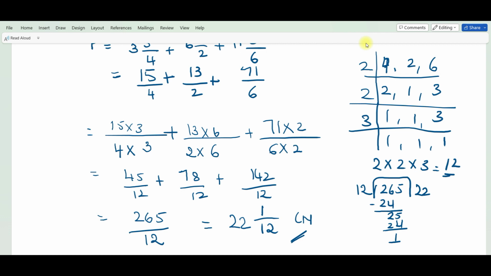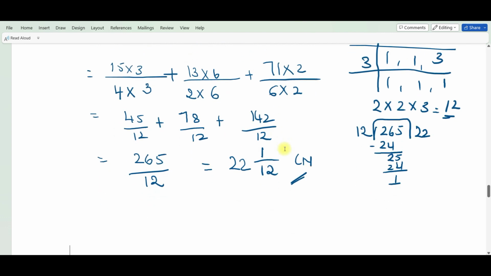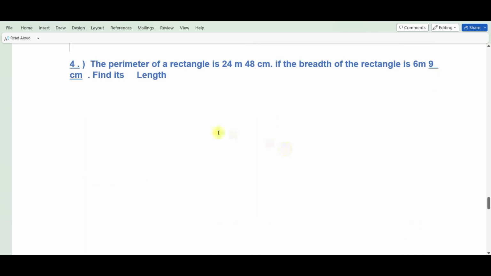Hope you understood. So going forward, we have a sort of statement problems where the perimeter of a rectangle and the breadth and the length is given, or they might give you a perimeter and ask you to find the length and the breadth. So let us understand how we solve these problems. In this question, they have given the perimeter of a rectangle is 24 meters 48 centimeters.